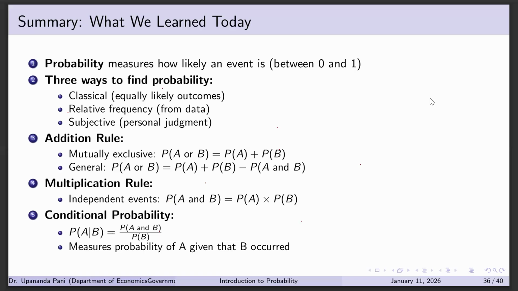Addition rule for mutually exclusive events: probability of A or B is probability of A plus probability of B. General: probability of A or B is probability of A plus probability of B minus probability of A and B. Multiplication rule for independent events: probability of A and B is probability of A times probability of B. Conditional probability: probability of A given B is probability of A and B divided by probability of B. It measures the probability of A given that B has occurred.